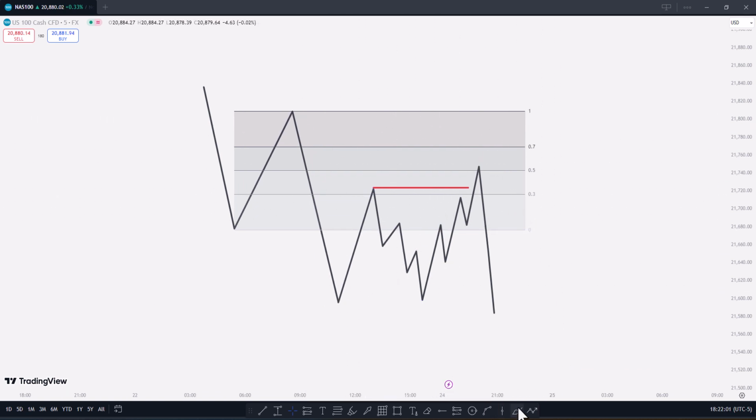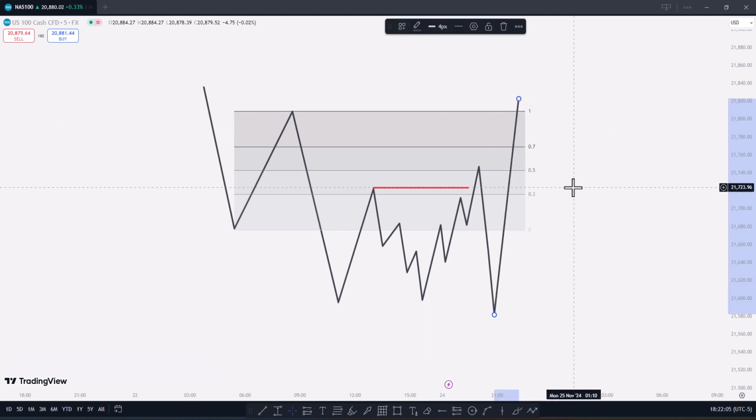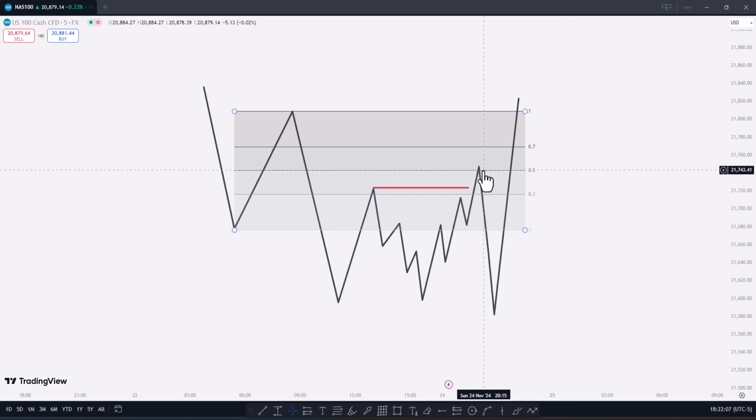Now, what if price does this? What if price closes above, first of all, this high, and then it continues to take this zone? Now, do you think if we are bearish, price is gonna come back to take this zone or this high?